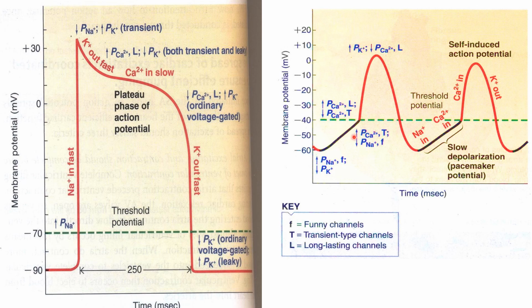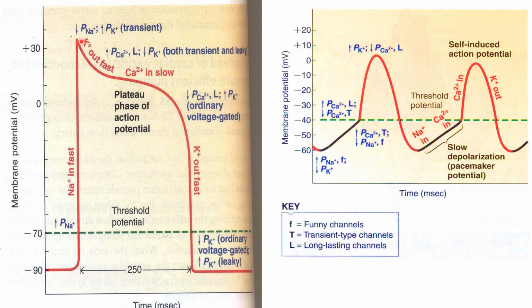Now we are comparing the action potential of the ventricle to the action potential of the SA node. Now it is time for me to give you the phases of the action potentials. This is phase 0 in the ventricular action potential, that is the phase of depolarization, and this is phase 0 of the SA nodal action potential, that is the phase of depolarization.